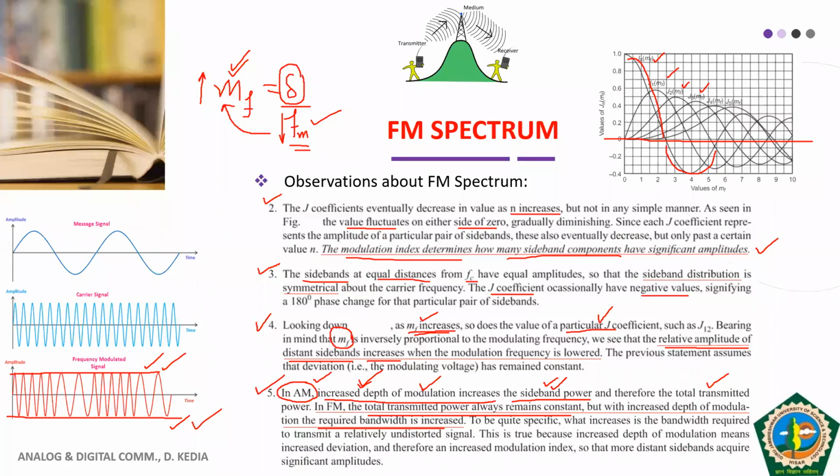So this is one very, very important point that you need to understand. And this is also a difference between AM and FM, how your transmitted power changes with increase in the depth of modulation in case of AM and in case of FM. So I hope all of you have been able to understand this. Next.